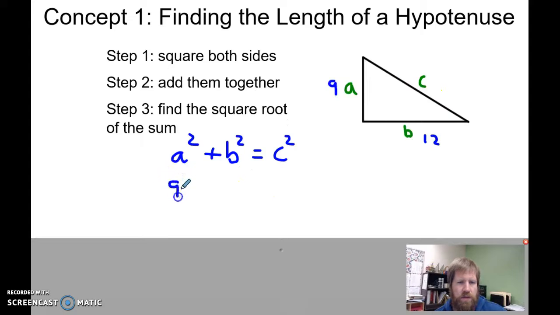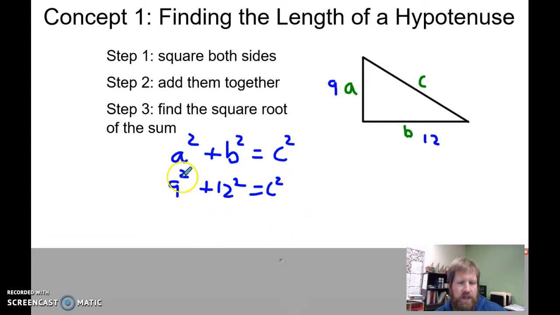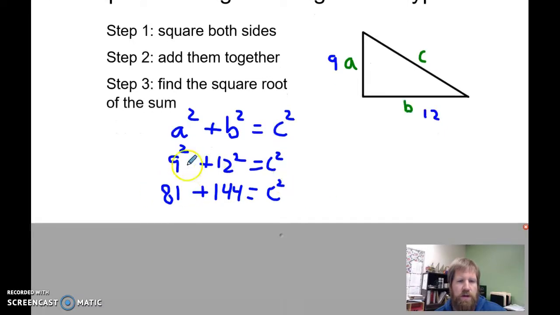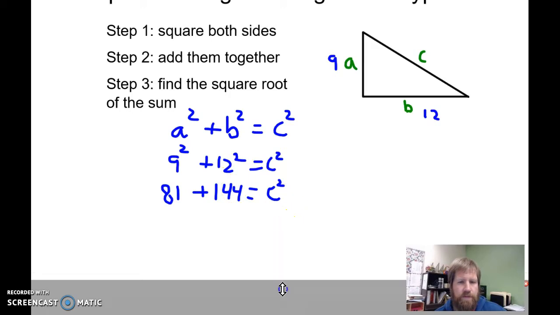So 9 squared plus 12 squared equals c squared. 9 times 9 is 81. 12 times 12 is 144. This is where it helps to have those perfect squares memorized, so you can remember that 9 times 9 is 81 and 12 times 12 is 144.